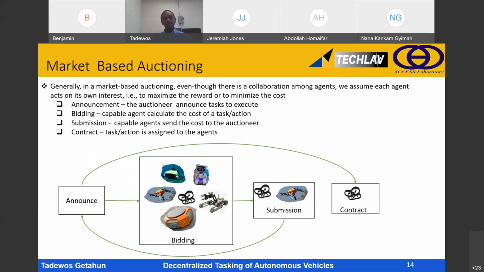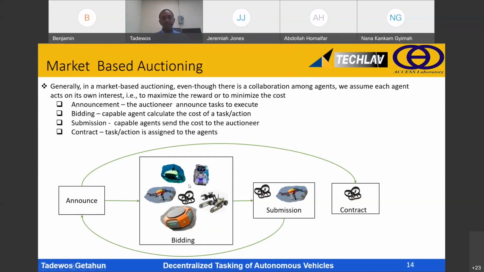The process we used is market-based auctioning. Generally, in market-based auctioning, each agent tries to maximize its benefit, even if there is collaboration. That is a property of market-based auctioning, and it has 4 stages: announcement, bidding, submission, and contract. For announcement, the auctioneer announces a task. And for bidding, the capable agents perform a bid.